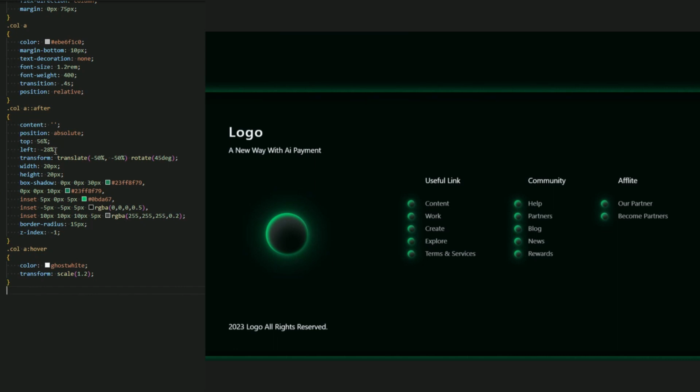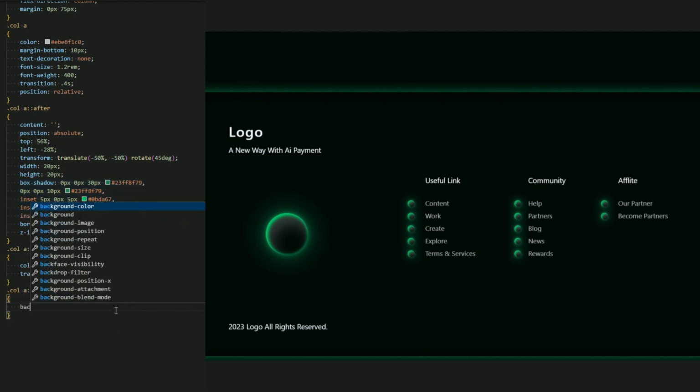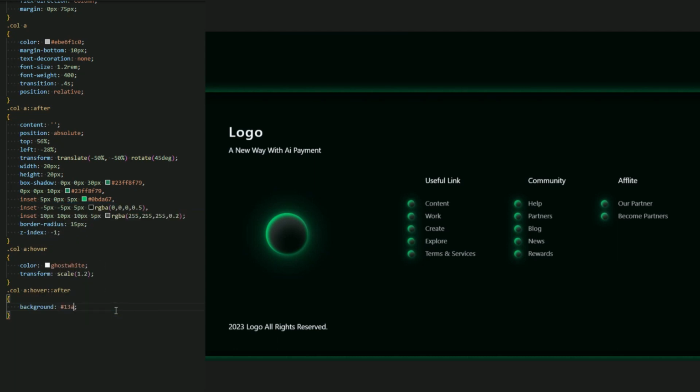Now for the a after hover, I want to add this box shadow. Yes, and let me just add a background, and this color, yes, and the box shadow, and let me just remove this inset.